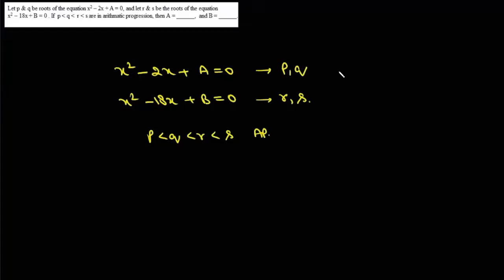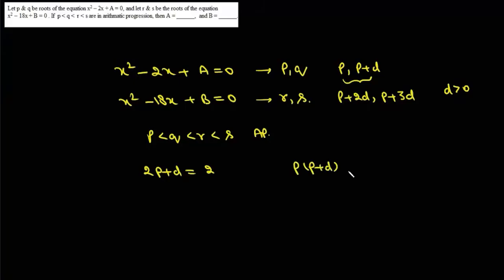Now suppose the roots are p, p plus d, p plus 2d, and p plus 3d, where d is greater than 0, as it is an increasing AP. Now for this first equation, we can write sum of roots: 2p plus d is equal to 2, and product of roots, p into p plus d, will be equal to a.